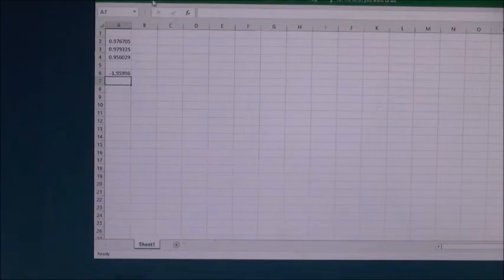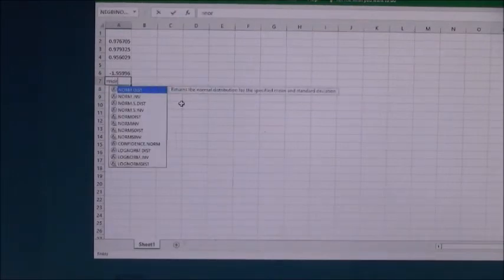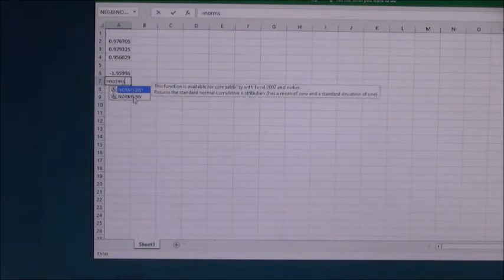On the next one there, if I have my area to the right, again, when I do the area to the right, I have to do 1 minus, but it's going to go inside my parenthesis. And so I'm going to hit equal, NORMS. I want the inverse one.